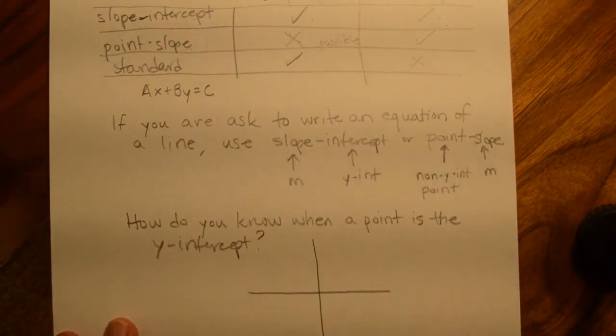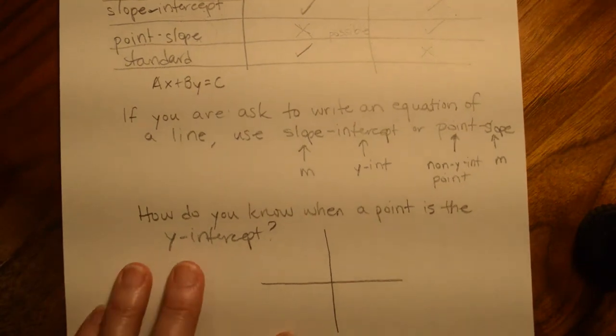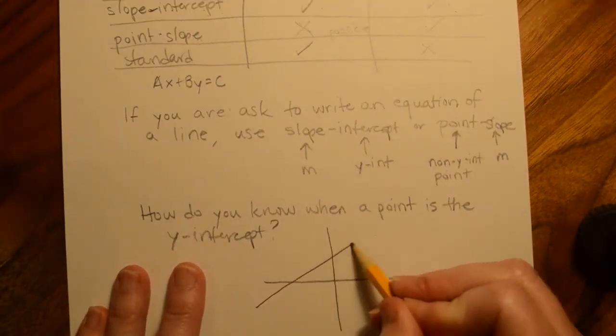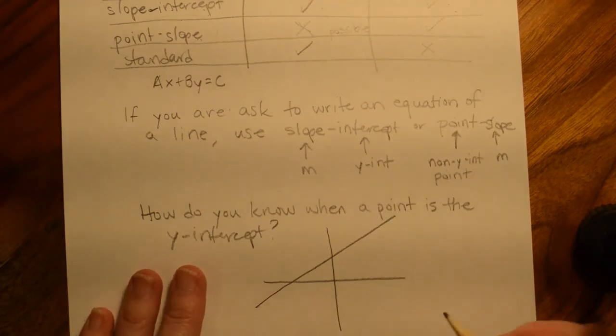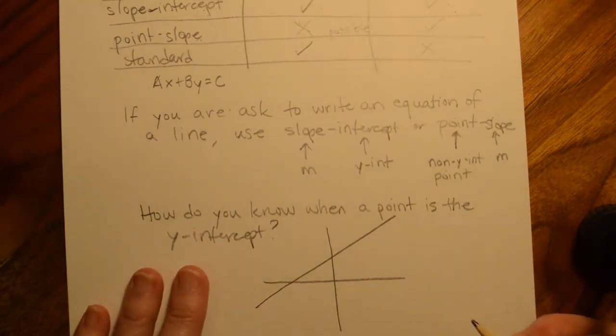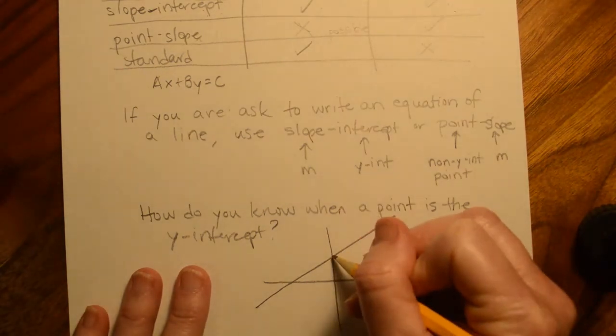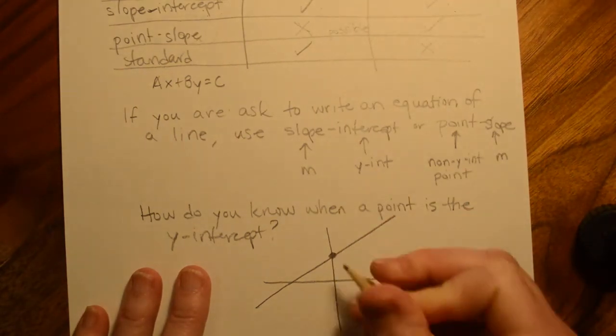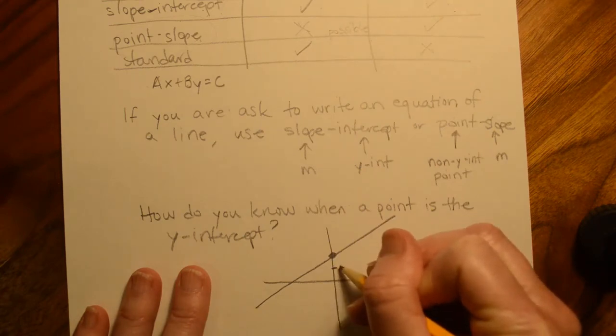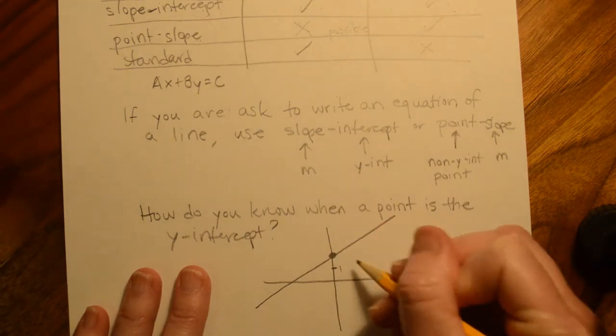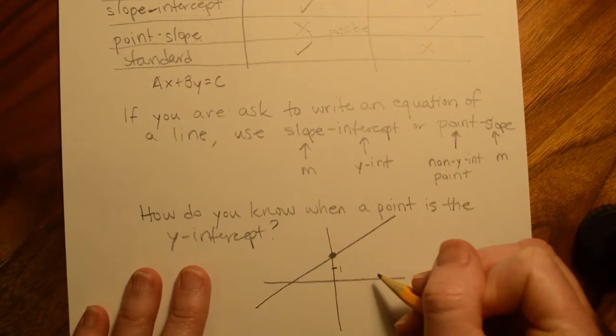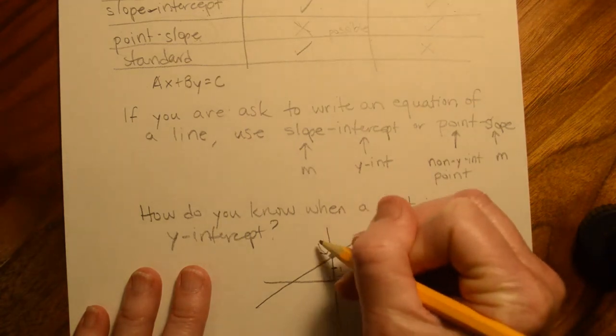All right, so let's look at a graph. So let's say I gave you this line right here, and I said, where's the y-intercept? Hopefully you're at home saying, go to that point right there. Hopefully you're pointing to that one right here. And let's say this were 1 and that were 2. So what would the coordinates of that point be? Hopefully you said 0, 2.